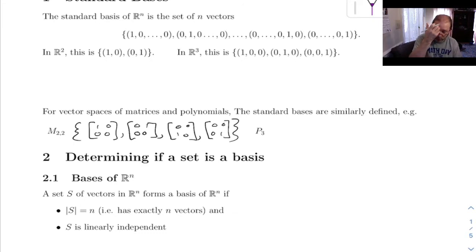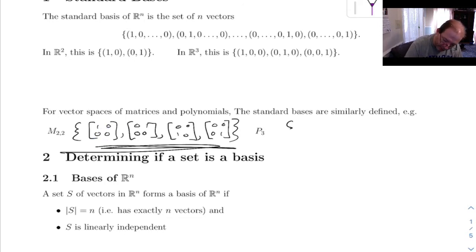Notice that's a four-dimensional vector space because it's got 4 elements in there, and each one of the vectors has 4 entries to it. For P3, the standard basis would be, I'm not really sure if there's an ordering on this or not, but that's polynomials of third degree and smaller, so x cubed, x squared, x, and 1.